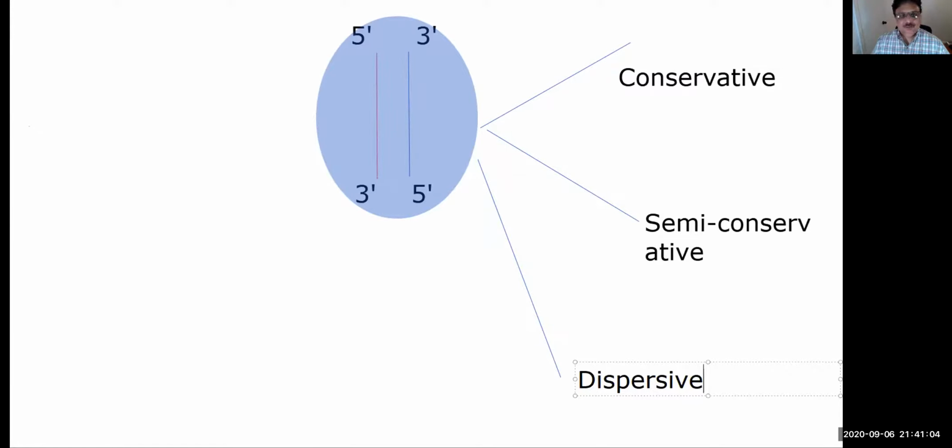So another question comes: what are the tools that scientists used to answer whether DNA replicates via the conservative, semi-conservative, or dispersive way? Here, scientists went back to a radioisotope called N15.